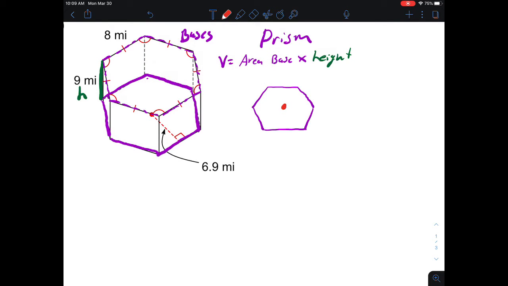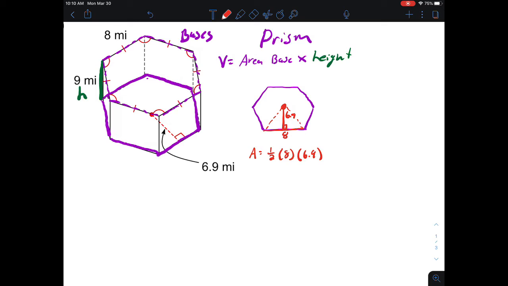So I have the center indicated, and the distance straight down perpendicular to a side is 6.9. So what we can do is form a triangle that will help us determine the overall area of that hexagon. The area of that individual triangle is going to be 1/2. Now the base, all sides of these are 8 units. So it'd be 1/2 times 8 times the height, which is the 6.9.